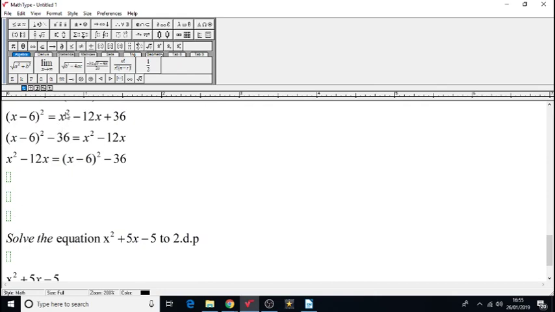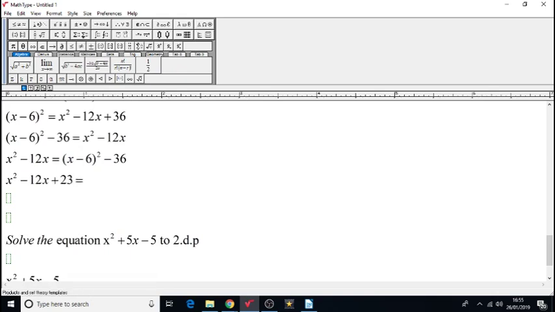So x squared minus 12x plus 23 is equal to, let's put the big brackets in, open bracket, x minus 6 close bracket squared minus 36 plus 23. Because what you do to the left hand side, you also do to the right hand side.